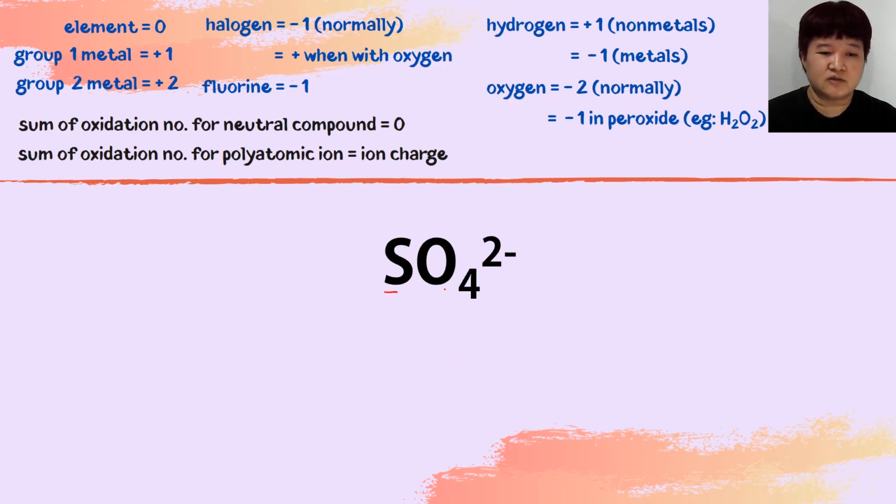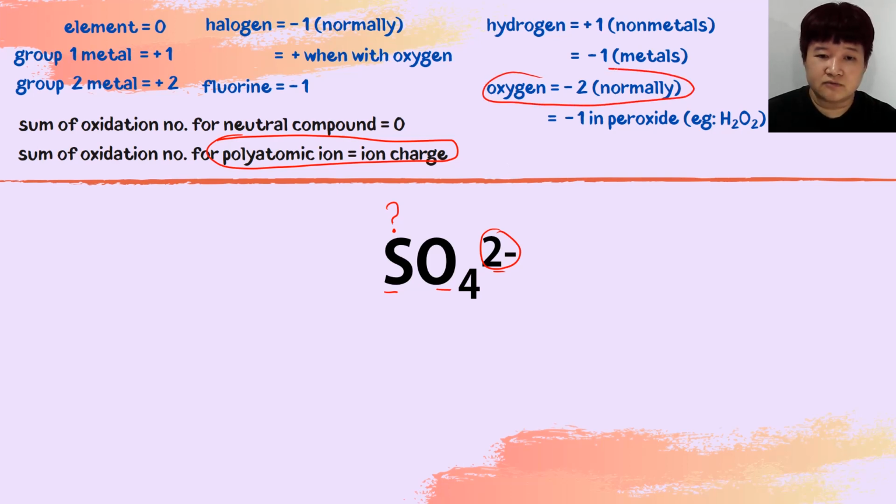Sulfate ion. So you have SO4 2 minus. Again, it's a polyatomic ion. Therefore, the total oxidation number must equal the ionic charge. Sulfur is something that we did not mention at all above, so sulfur will remain an unknown. We do not know how much sulfur should be. But oxygen will again be negative 2 because it's not in peroxide. So work out the mathematics.